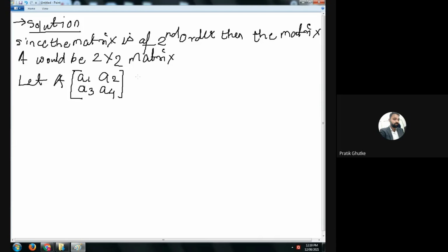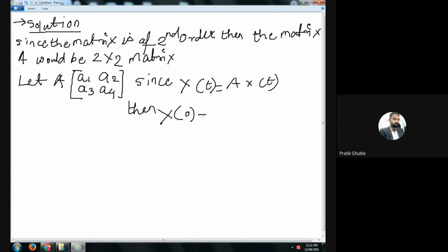Since x dot of t they have given is A x of t, I can calculate its previous state, that is x of 0.